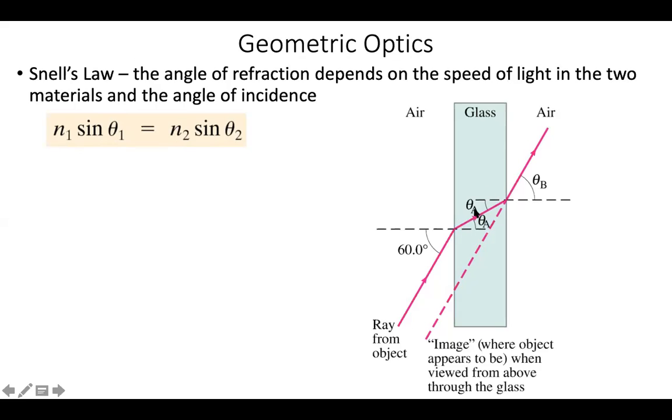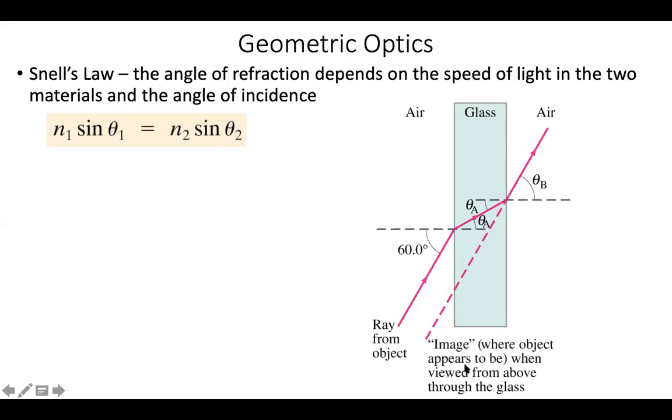All right, so here's this little picture, right? The angle of incidence is 60 degrees as it passes through air. It slows down as it passes through the glass, so it bends towards the normal. There's my angle of incidence. As it's leaving the glass and going into air, that same angle becomes the angle of incidence on the other edge of the glass, and the angle of refraction as it passes back through air.